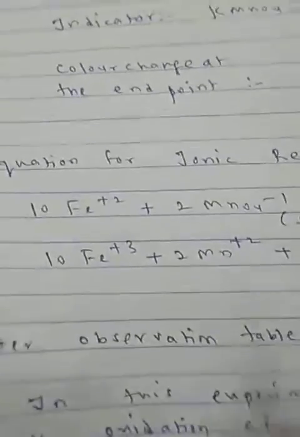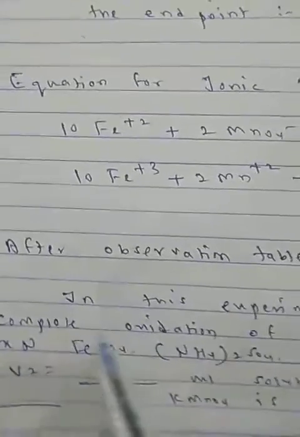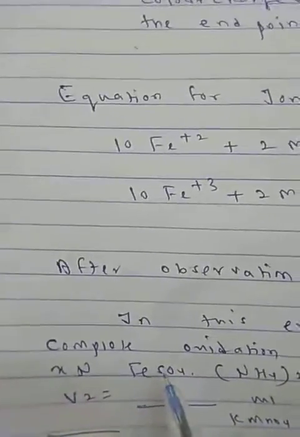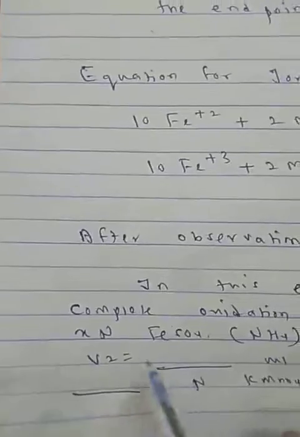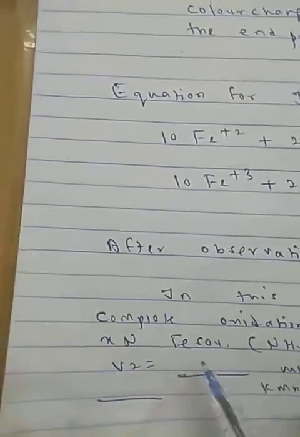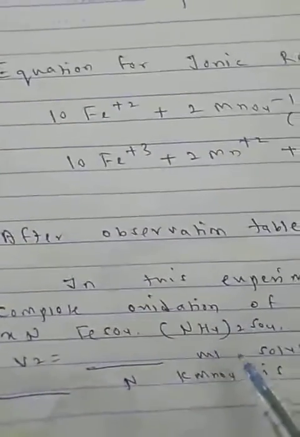In the pipette you have to write these 2 sentences. Why? Because the normality of ferrous ammonium sulfate is unknown. We are taking a fixed 10 ml in the pipette, but we do not know the burette reading, that is the volume of KMnO4.